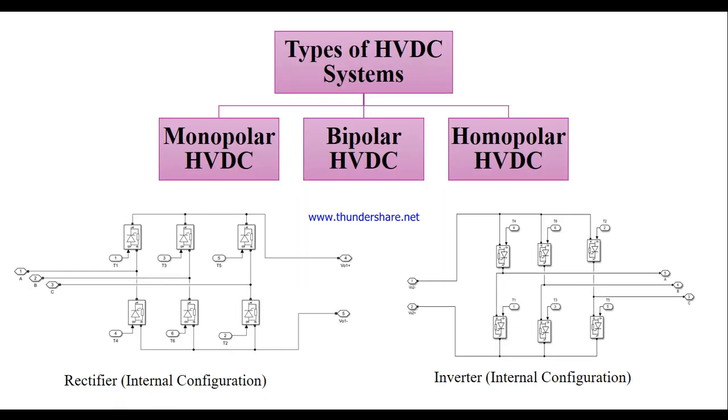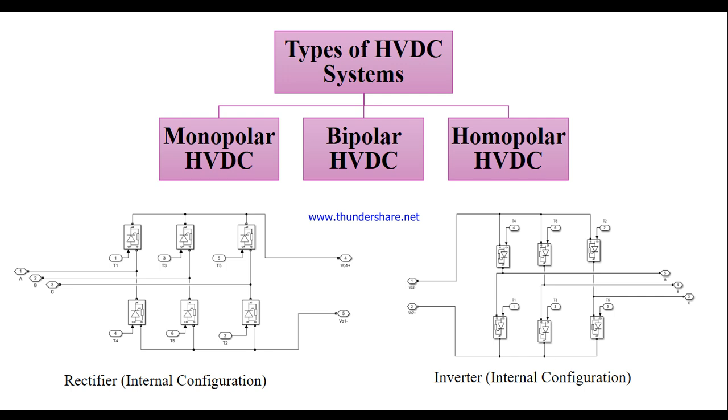Here we can see the types of HVDC systems. There are three kinds of HVDC system: monopolar HVDC, bipolar HVDC, and homopolar HVDC. The first one, monopolar HVDC, uses a single conductor with earth or metallic return.